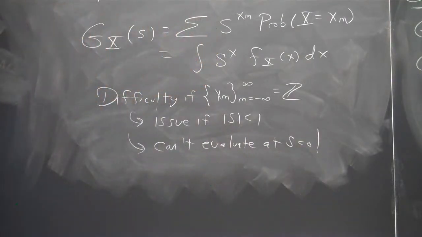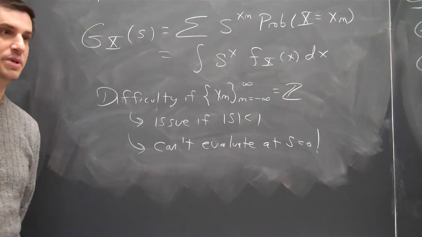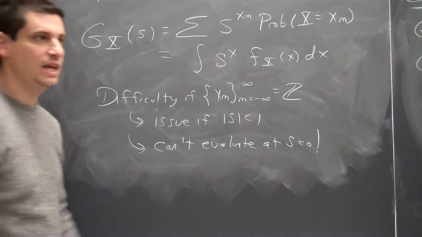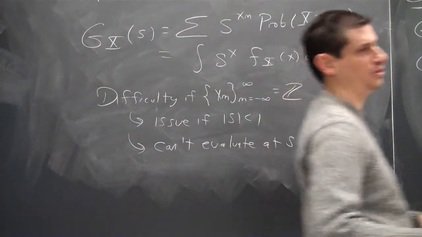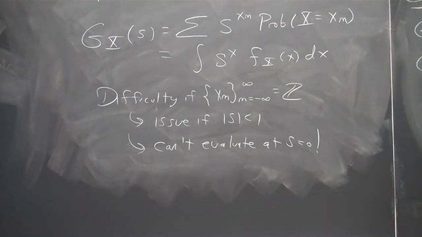So there are a lot of issues if we allow negative values. Now, there are some random variables that are allowed to be negative. Not everything has to be positive. If you think about nice events like the number of car accidents at an intersection, that's a nice event. It's not going to be negative. It'll be integer valued, which is very good for something like this.